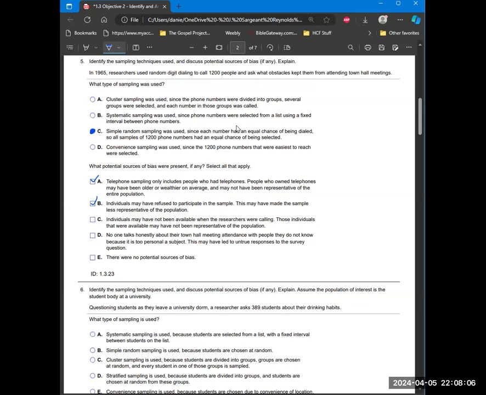And then C, individuals may have not been available when the researchers were calling. Those individuals that were not available may have not been representative. These individuals that were available may not have been representative of the entire population. This happens a lot when people call during working hours and people are away at work.